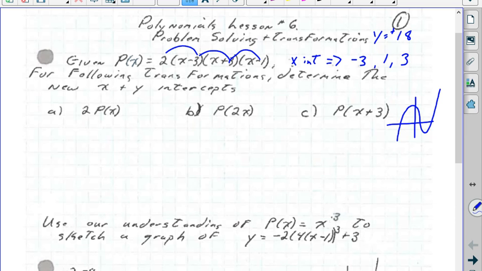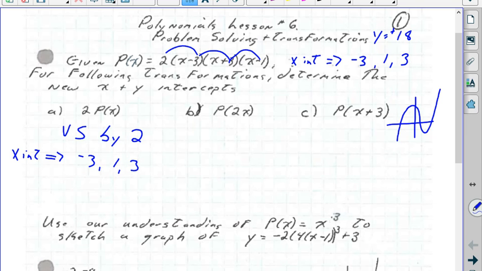Alexis, what is 2p of x? What's the transformation applied to 2p of x? Vertical stretch, by how much? 2 or 1/2? So if I'm vertically stretching this by a factor of 2, my x-intercepts are going to stay the same.